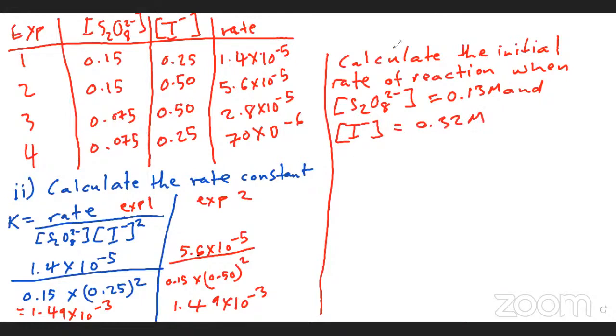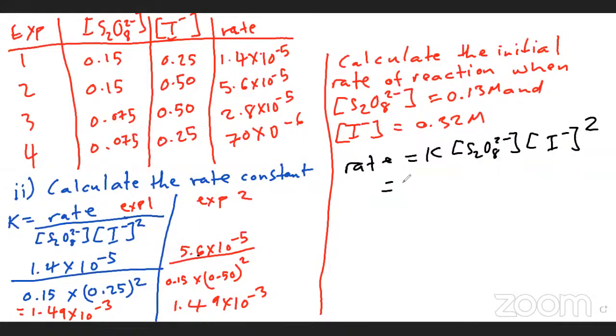So remember, rate is equal to K times S2O8 times I minus squared. I'm just going to plug these values into the equation. We know that K is 1.49 times 10 to the minus 3, times 0.13 times 0.32 squared.